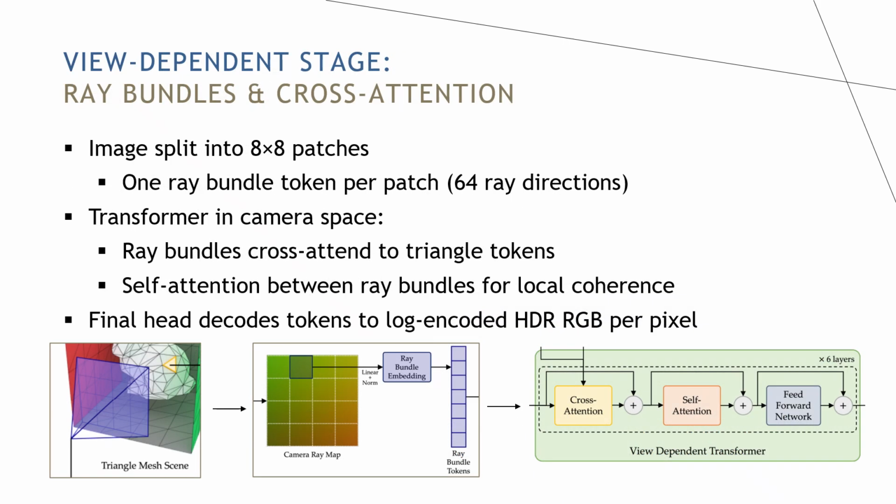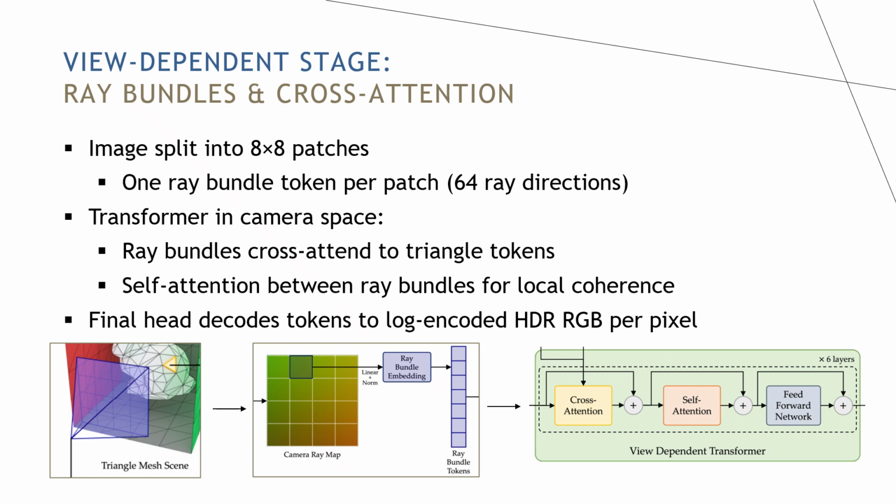Now, let's look into the second stage, the view-dependent transformer. The second stage answers, given this illuminated scene, what does a particular camera see? For efficiency, the image is broken into 8 by 8 pixel patches. For each patch, they create a ray bundle token by stacking the directions of 64 camera rays, one per pixel center, and all rays start at the camera origin in camera space.